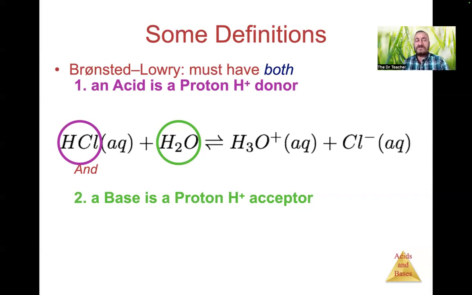So proton here is not that proton inside the nucleus. We are talking about a proton related to acid-base. So the proton here is H plus. And as you see here, we have the equation HCl aqueous plus water will give you hydronium H3O plus and chloride ions.